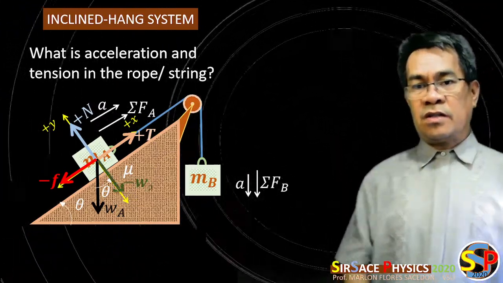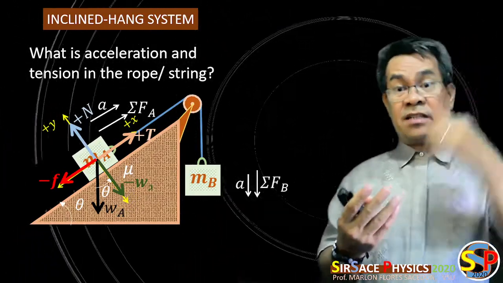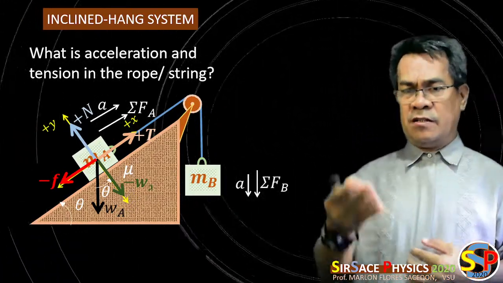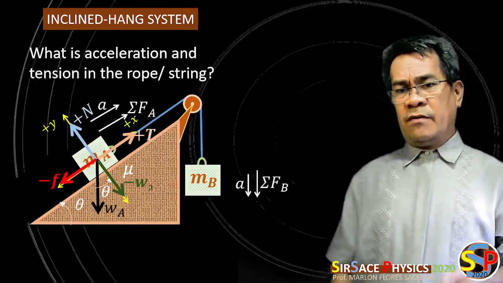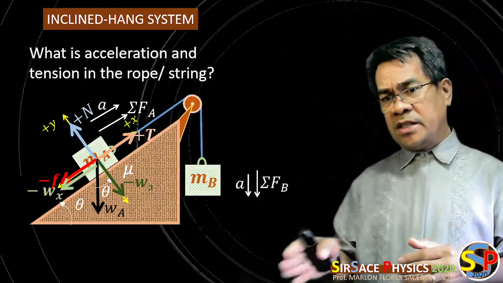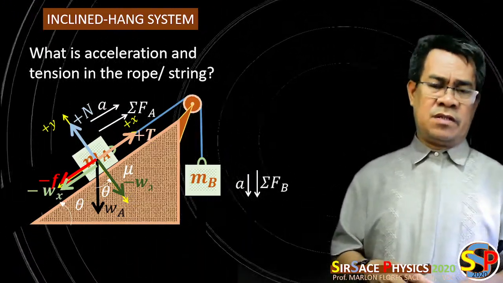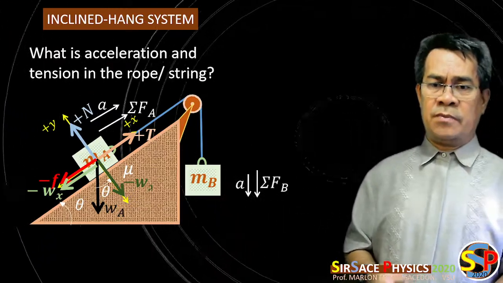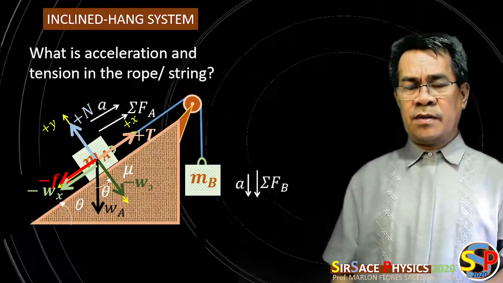We have two components: Wy, which is negative, down below the origin, and the x component, which is towards the negative x-axis.